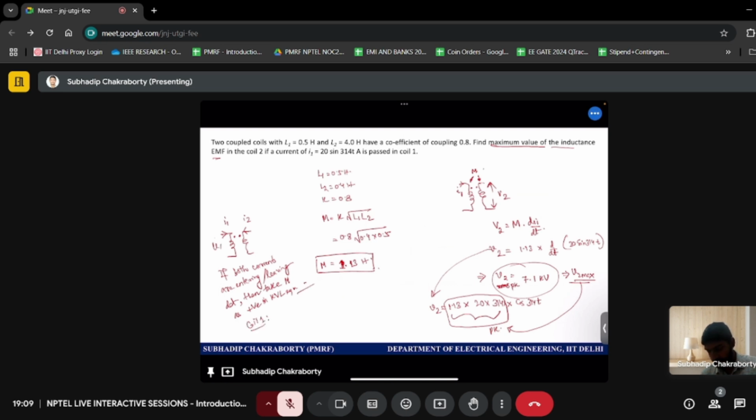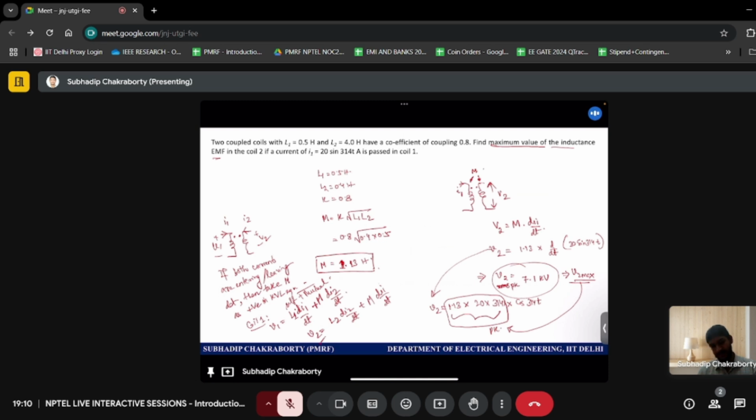If I give V1, then I can write V1 equal to L1 dI1/dt plus, because of this case, M dI2/dt. Similarly, V2 is like this: L2 dI2/dt, this is the self plus mutual. So self plus M, because M12 and M21 are the same, we already have seen that, M dI1/dt.